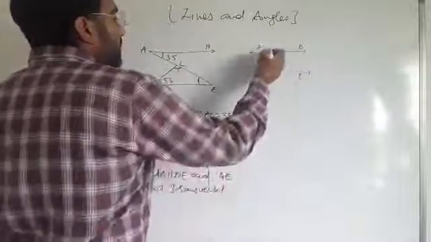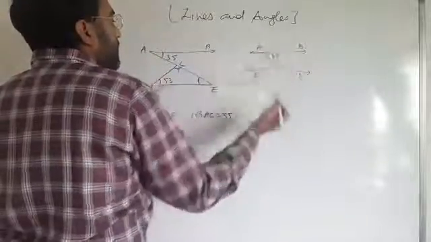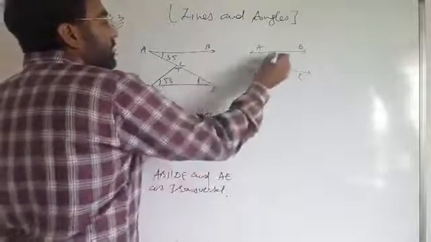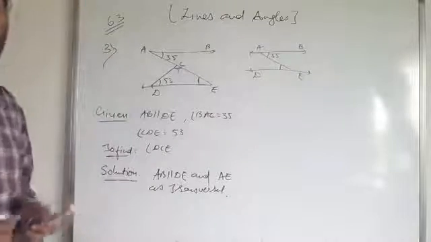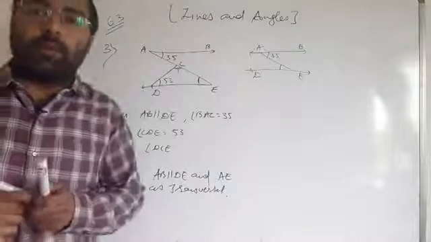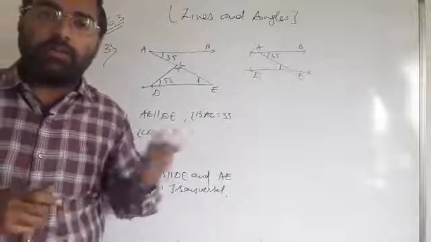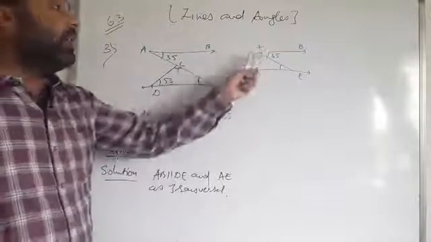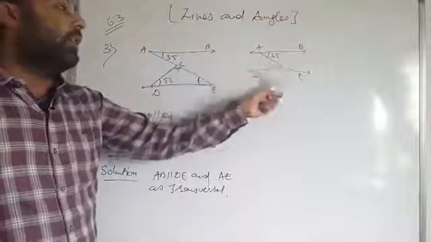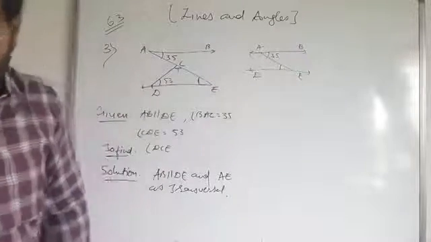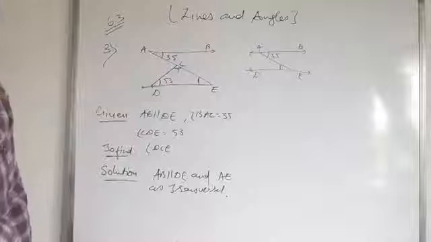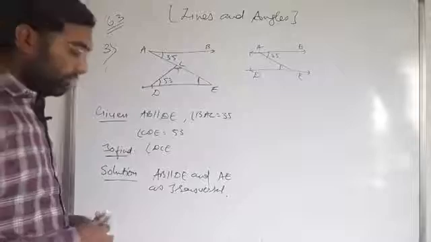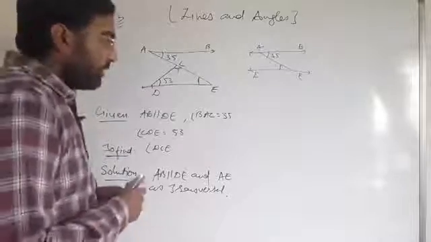Here angle 35 is given and we need this angle. Here a pair of alternate angles is formed, and we have to write that angle BAE is equal to angle AED. Both of them are equal.